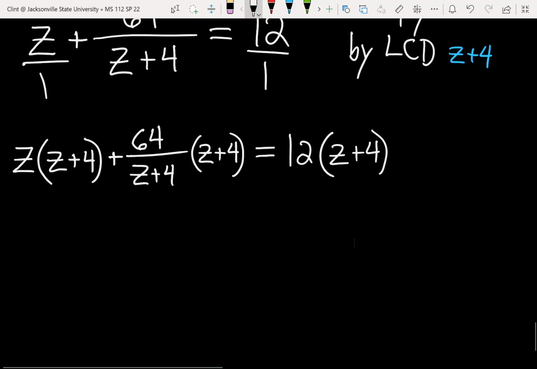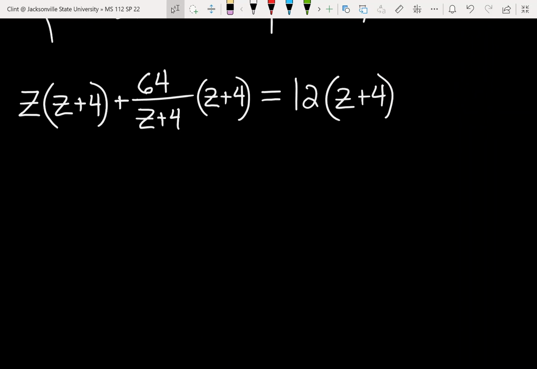The good thing about doing that is that we're not going to have any variables in denominators anymore. So we'll just go left to right and simplify. So the first term I've got to distribute a z. Get z squared plus 4z.